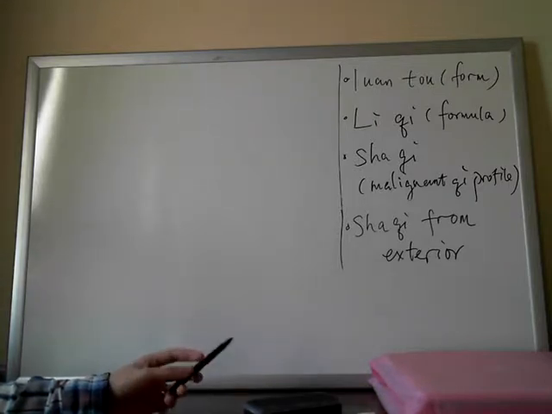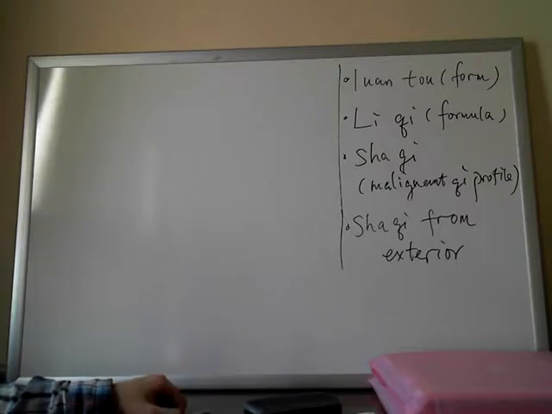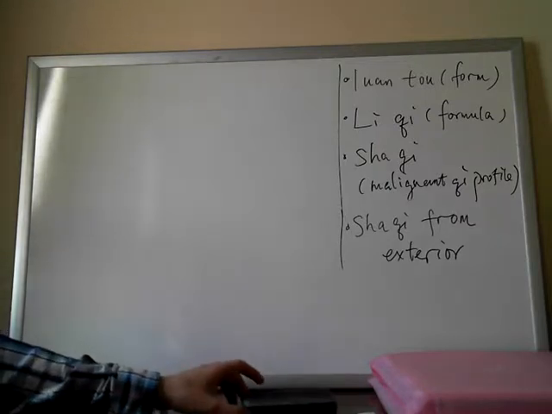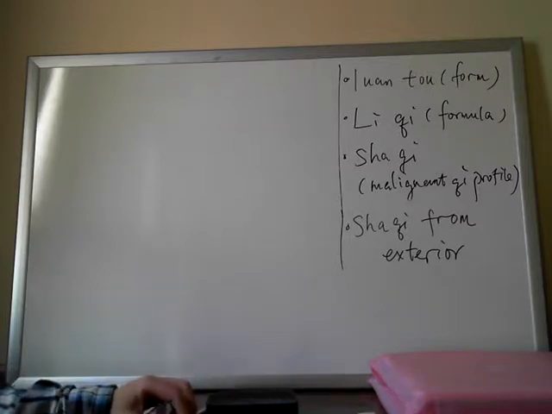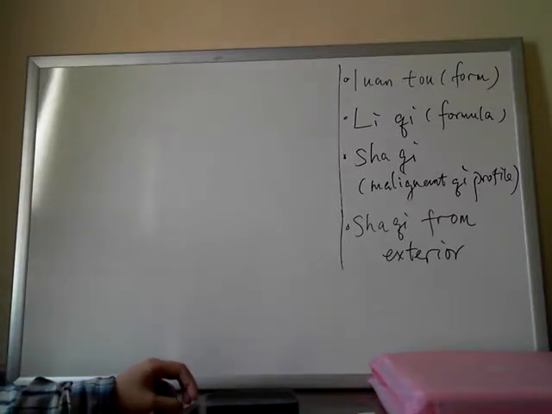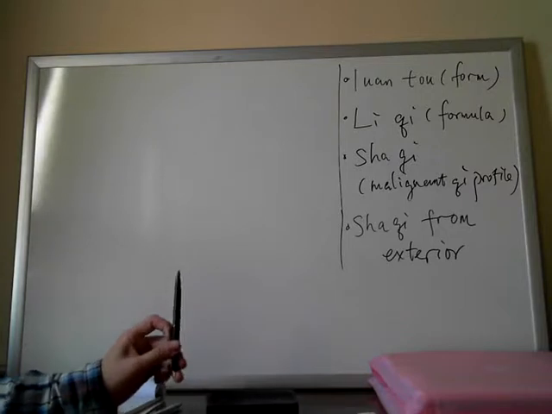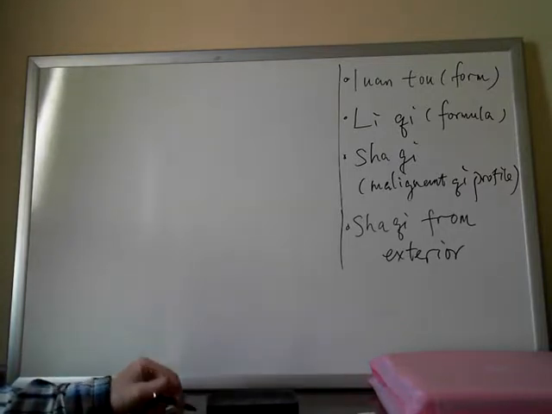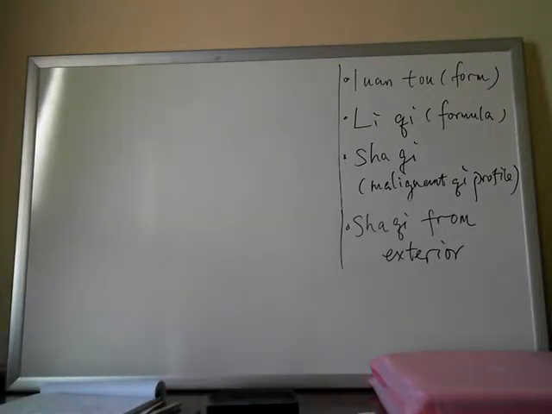Okay, so first I'll introduce three important concepts in feng shui. The first is luan tou. Usually we translate that as form. Okay, so what is form? In feng shui, anything that you can see and you can touch is a form.